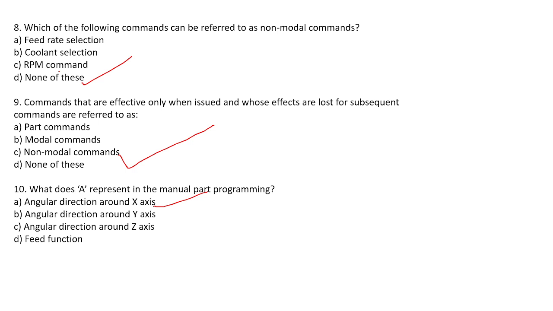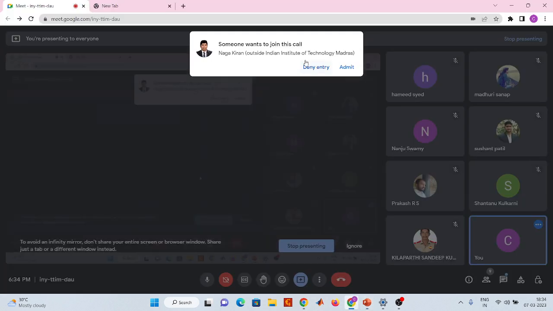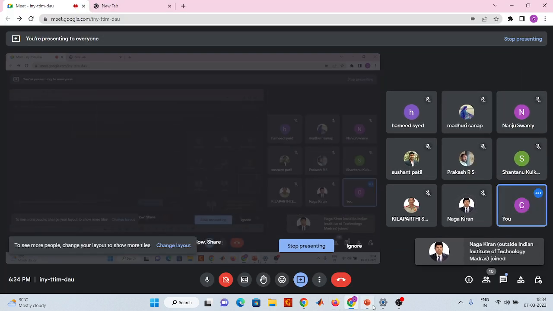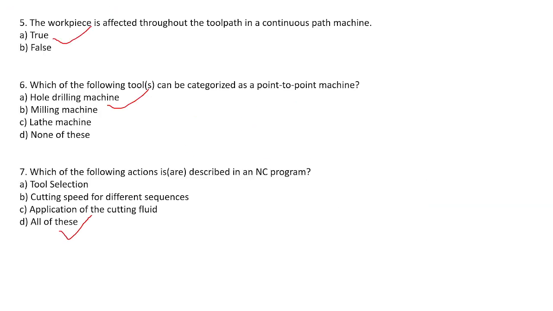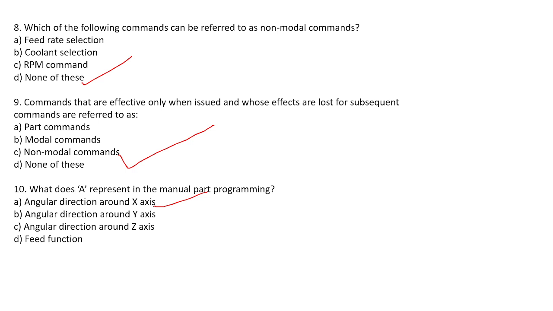Here some word addresses are there, those you need to remember before writing or identifying the G code or M codes. Here it's mentioned that angular dimensions around the X, Y and Z axes are A, B, C. Then F is the feed function, G is the preparatory function, H is unassigned, I is distance to arc center.